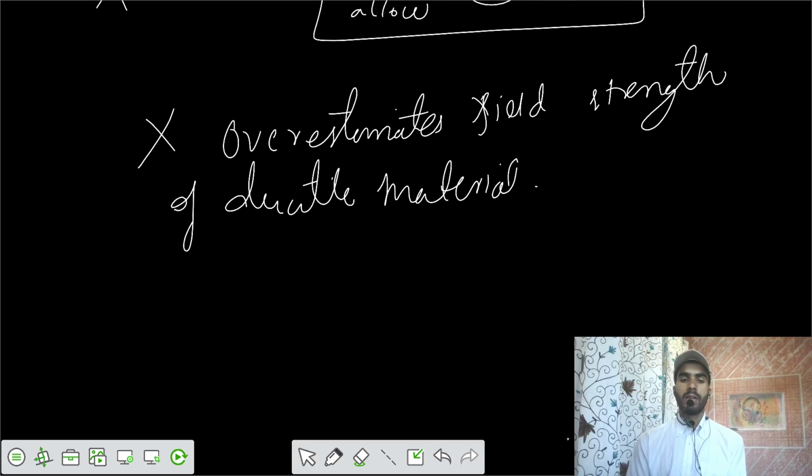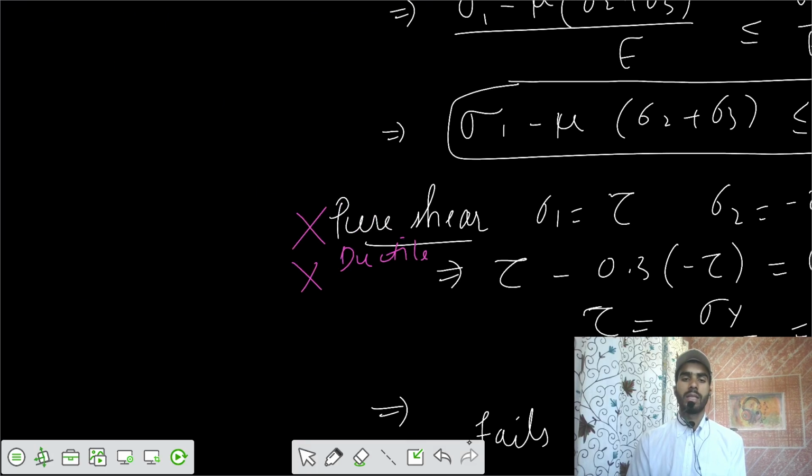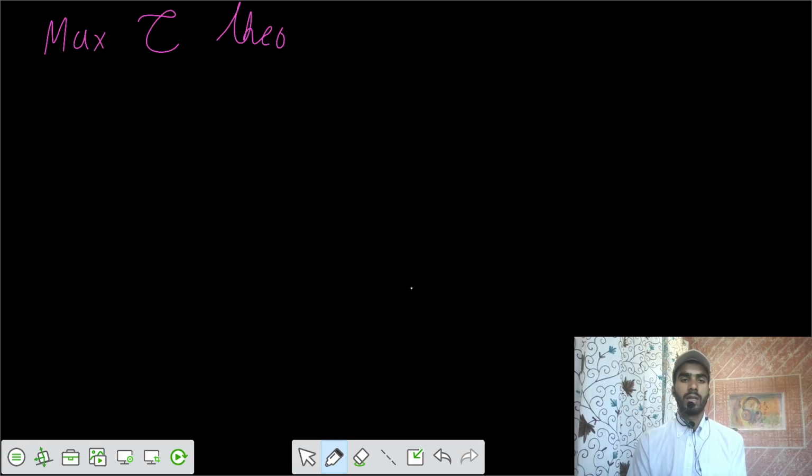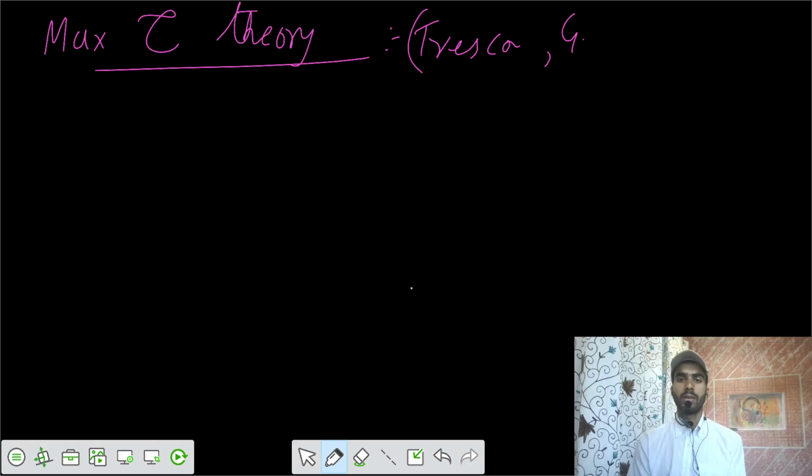The next one is the third method, the maximum shear stress theory, which we also call Tresca, or Guest or Coulomb.